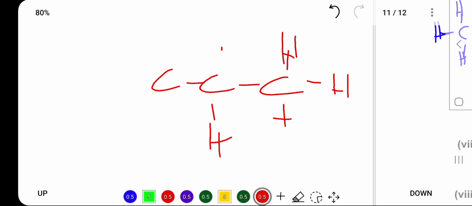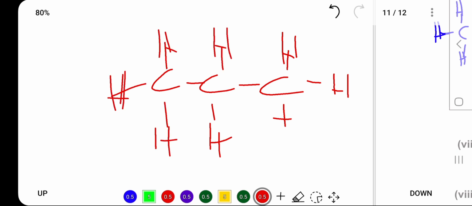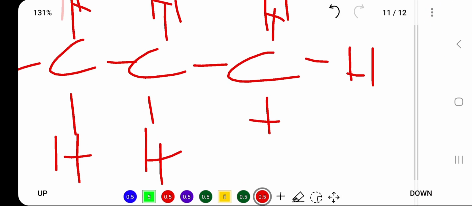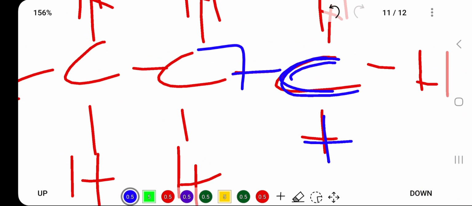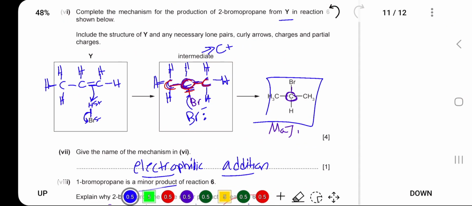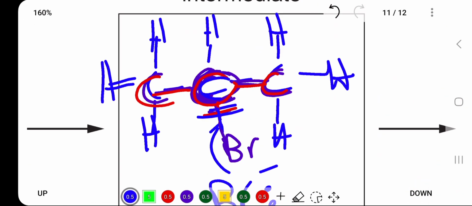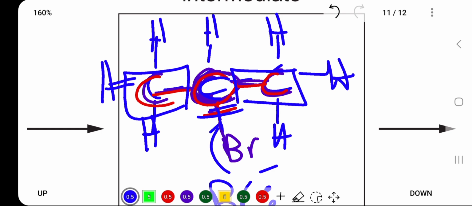Wait a minute, please don't go yet. Trying to deliver the thing. This carbon is a carbon cation. And why do we say it's primary? Because this carbon is connected only to one chain. In the other case, this carbon cation is connected to one chain and a second chain.